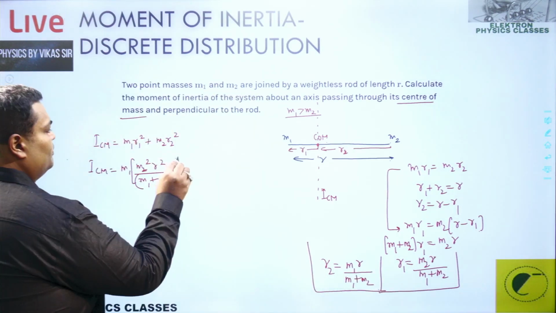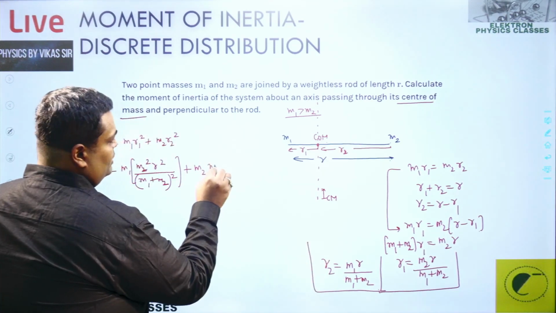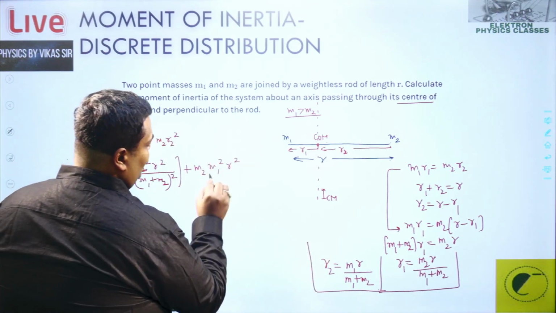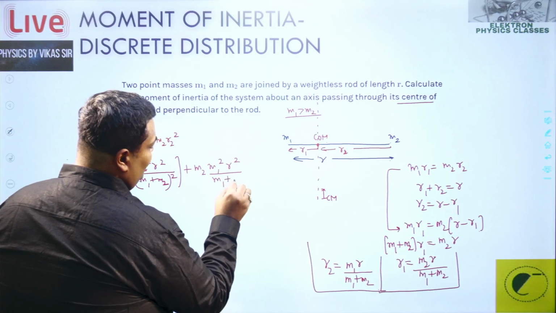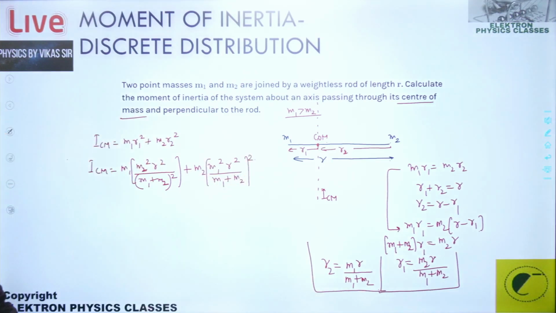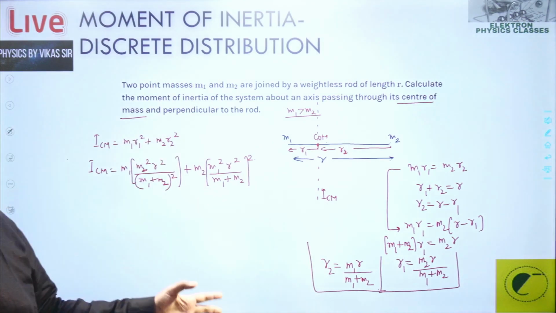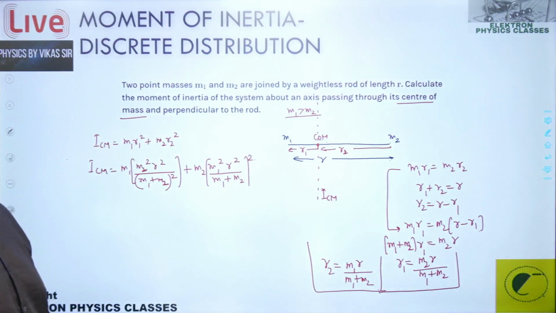Then the second term, that is plus m2 r2 square. Square of it. So m1 square r square divided by (m1 plus m2) whole square. Clear? Very clear. The axis is not passing through the center, it is passing through the center of mass. Rightly done. Okay.